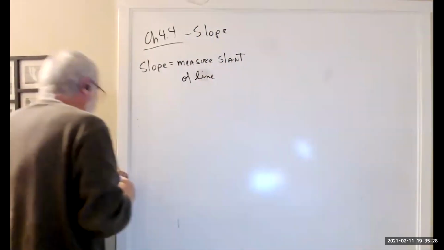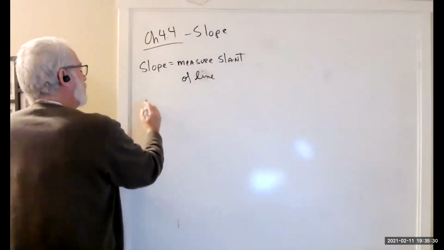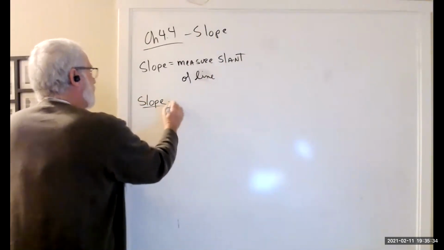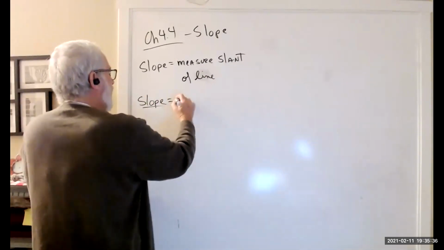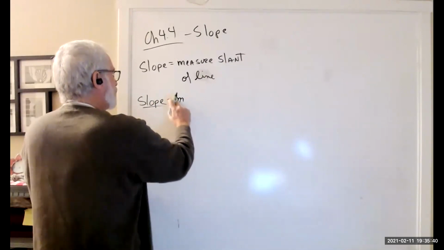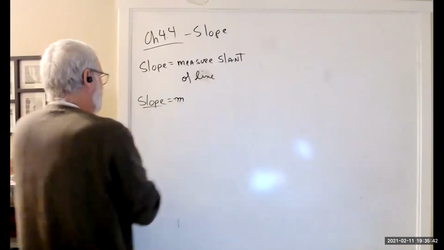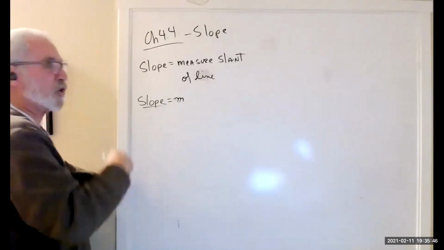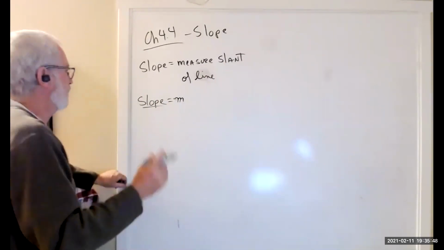Okay. And when we talk about slope, in math we use a lowercase m, which I can't write. It looks more like a caterpillar than it looks like an M. I think science uses the letter K for constant. Okay, they're wrong, we're right.